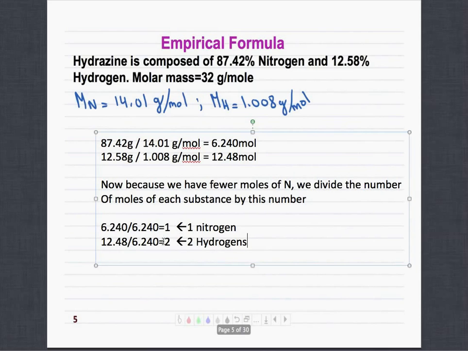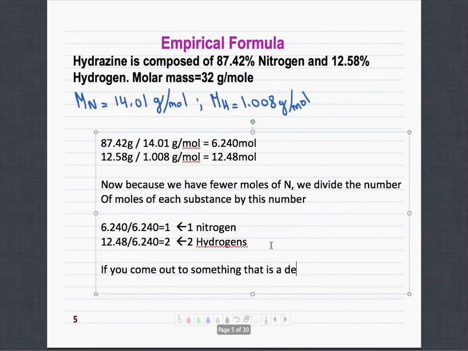Now the question is, what if this calculation leads to 1.3 and 2.9? In this case, after dividing, you get those two numbers. What you need to do is begin thinking about rounding. If this number is less than 5, you're going to make this number 1.